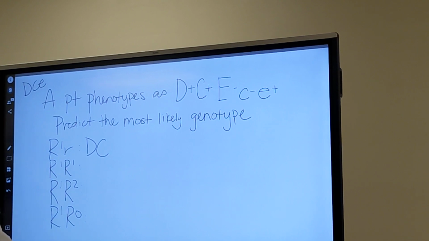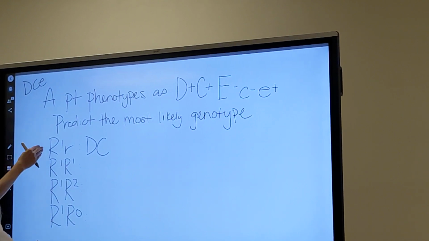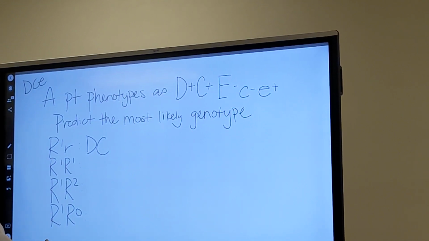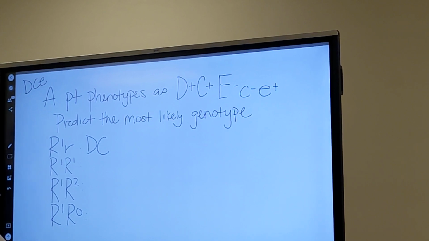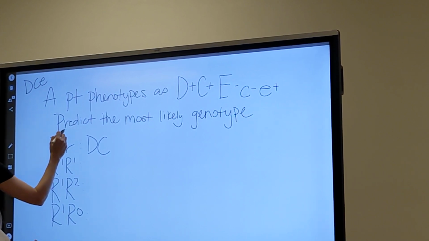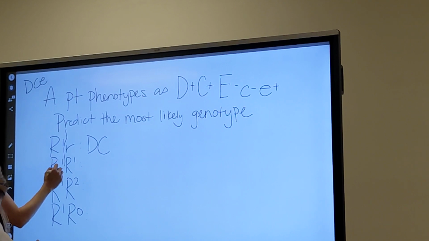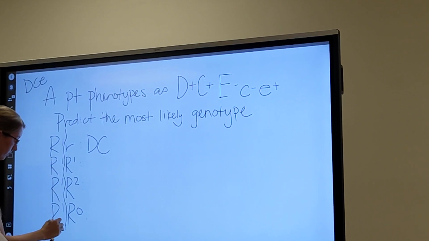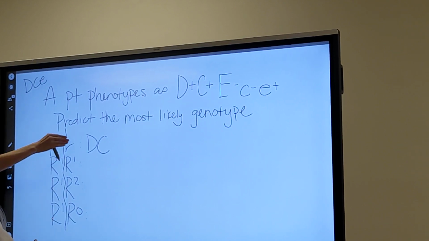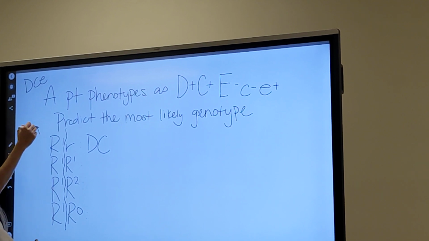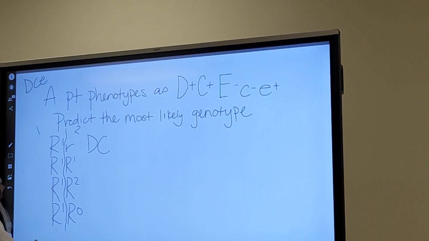If it helps you to look at these as one came from one parent, one came from the other, you can draw a line down the middle here. So this is one parent, that's the other parent. So parent one and parent two. That's easier for me to see on my paper.